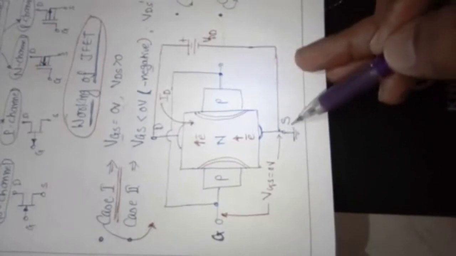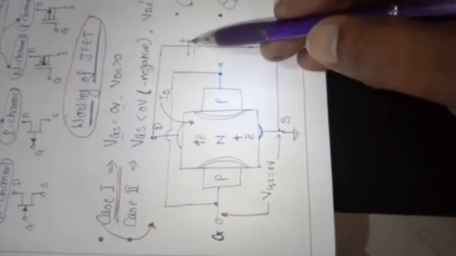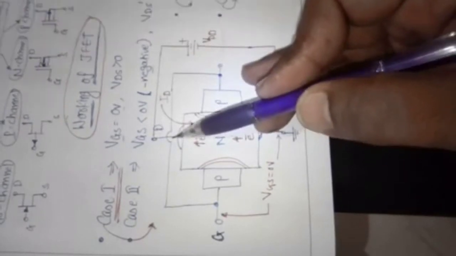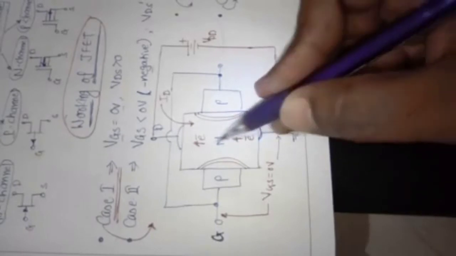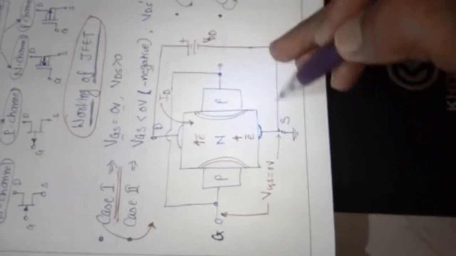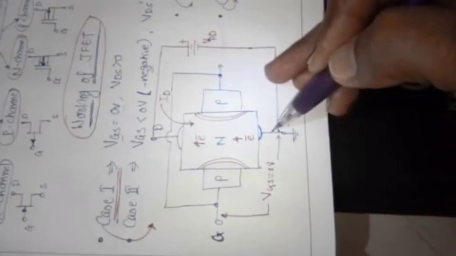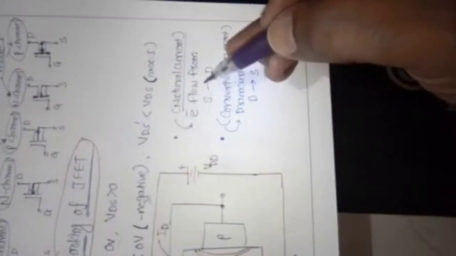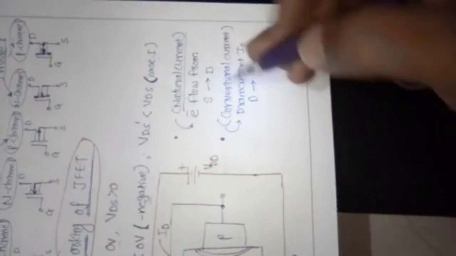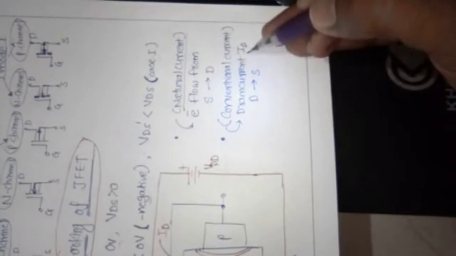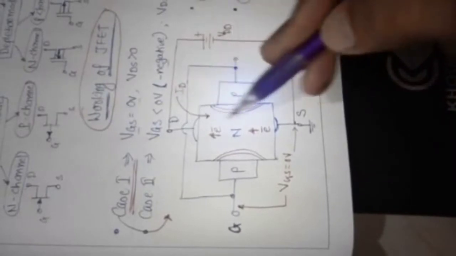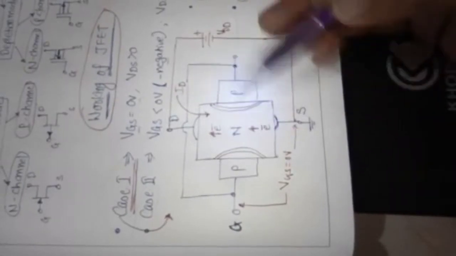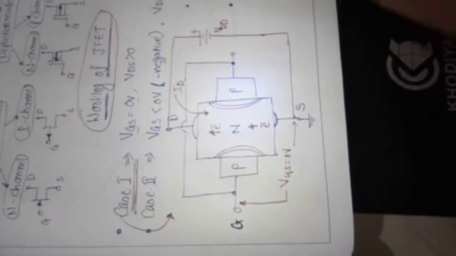The source is grounded, meaning 0 volt potential, and the drain is made more positive. So electrons flow from source to drain this way. This is the electron current, while the conventional current, the drain current, flows from drain to source.